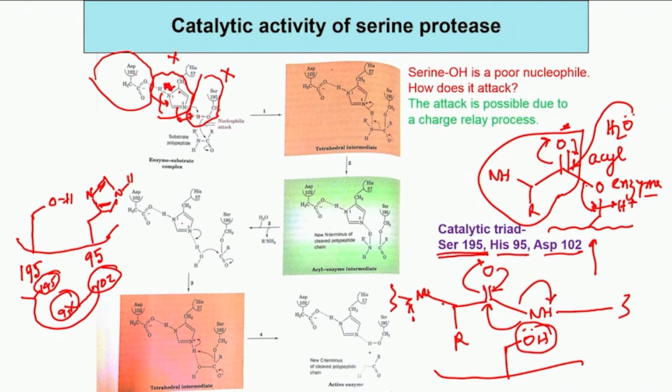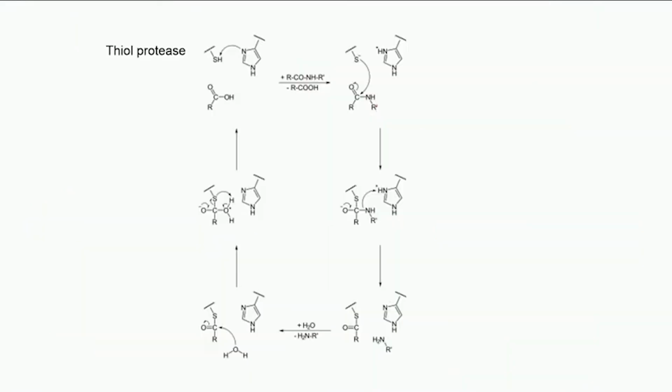You will get an intermediate like this. Let us see which one. Here is the histidine. Actually, I can write it. It is better that I write it, then it will be more clear.